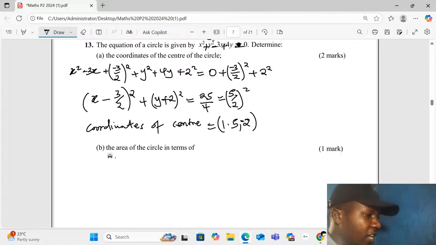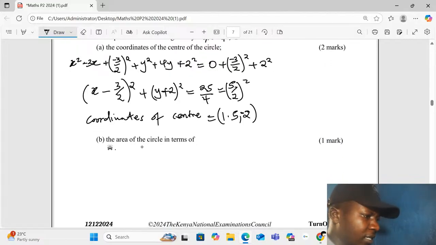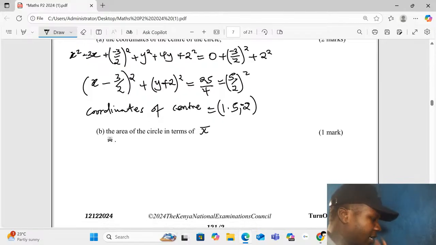Then you find the area of the circle in terms of pi. Now, in terms of pi, area of a circle is equal to pi r squared.